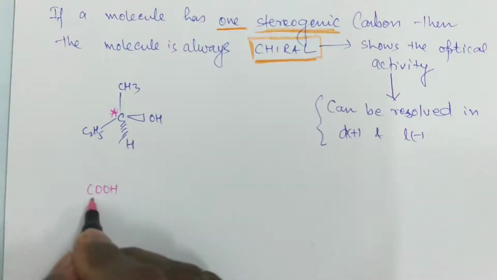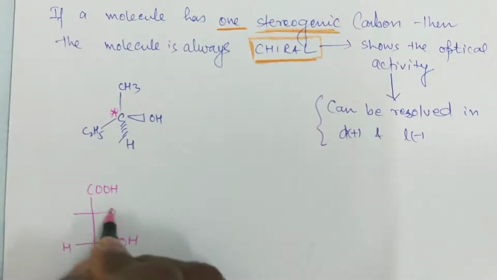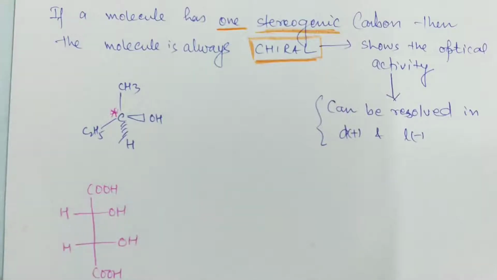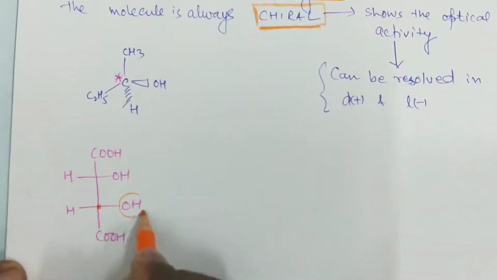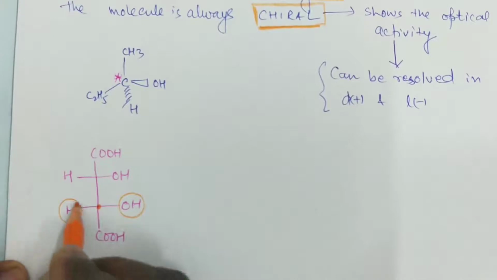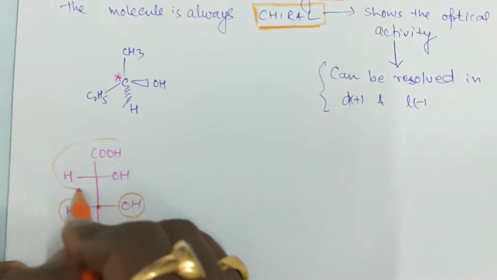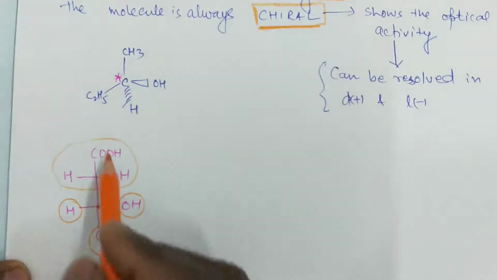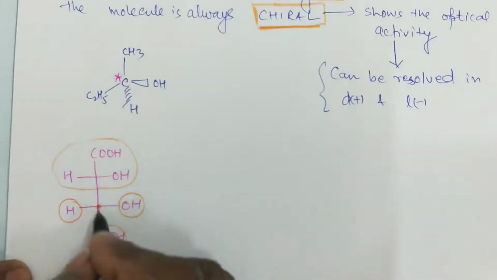Similarly, suppose that we have another molecule like this, CHO, H, OH, H. Suppose that this is the carbon atom. One group is OH, one group is H, one group is CHO, and one group is the rest of the molecule, treated as one group. So this has a stereogenic carbon.